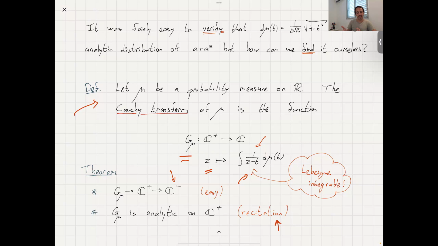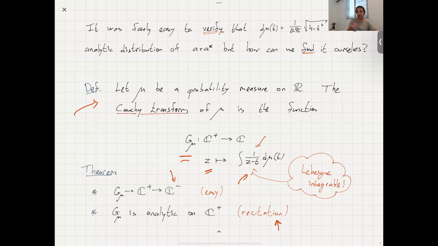In a less abstract setting, you can think of mu as a function, mu of t, even though, for example, when you try to understand the Dirac measure, you can't really think of mu like that. But even in case that you do think of mu as a plain old density measure, it's still not so easy to work with.